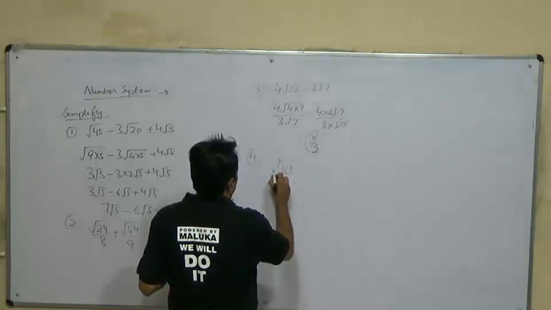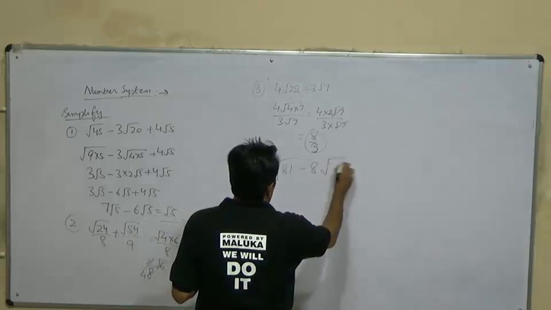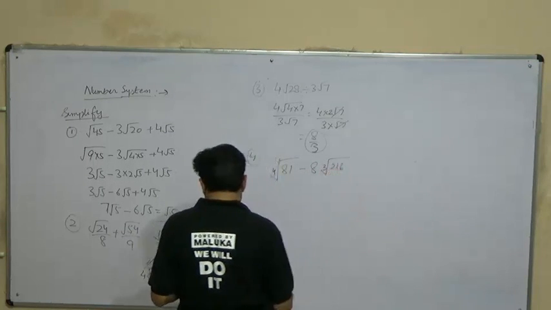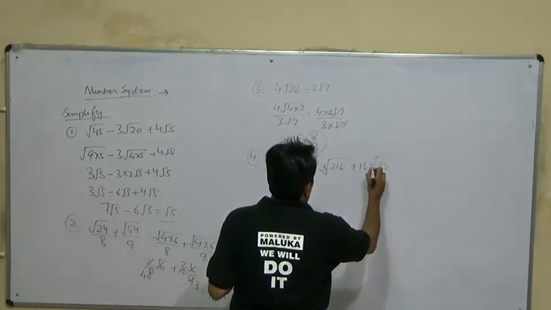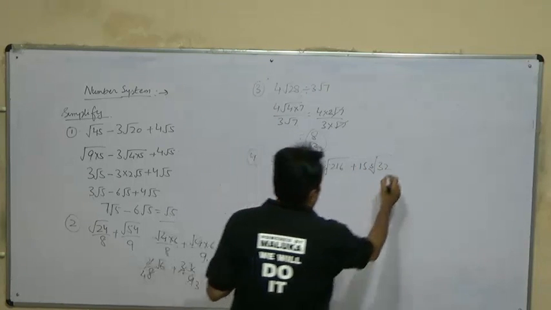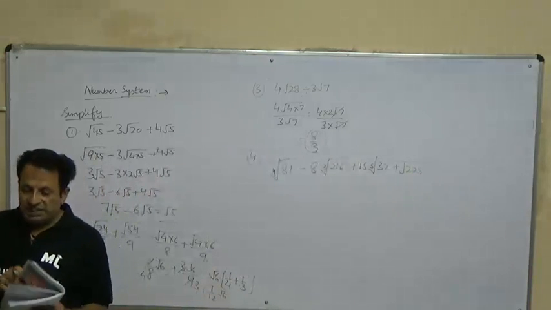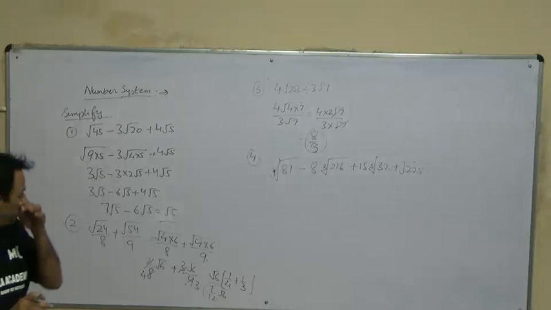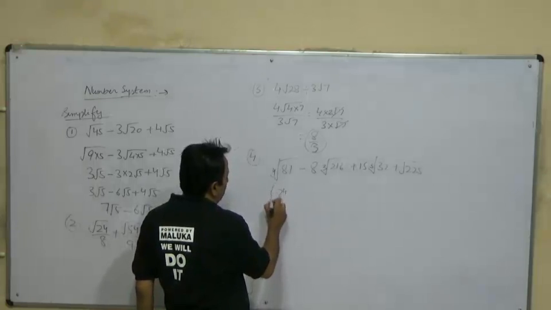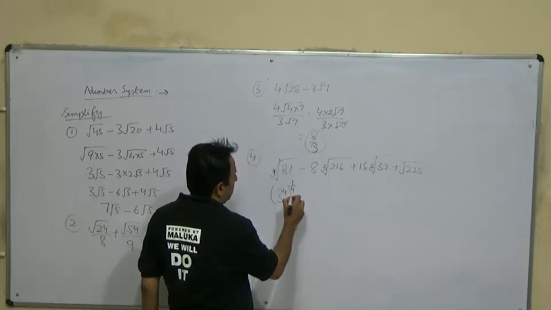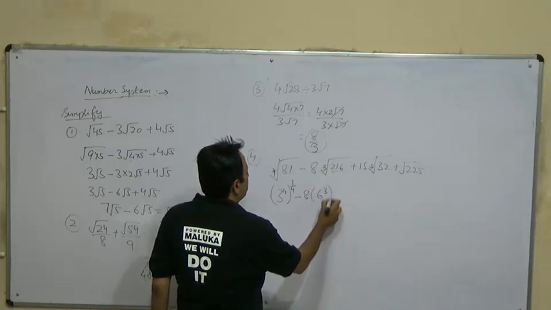Then fourth is fourth root of 81 minus 8 into cube root of 216 plus 15 into fifth root of 32 plus square root of 225. So we will simplify it. So first of all, 81 can be written as 3 raised to power 4. Then we have fourth power raised to power 1/4, minus 8 into 216 can be written as 6 raised to power 3.